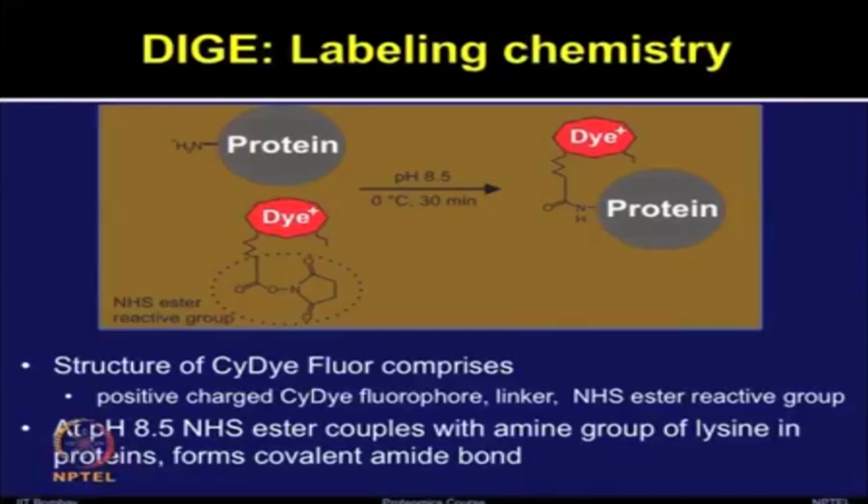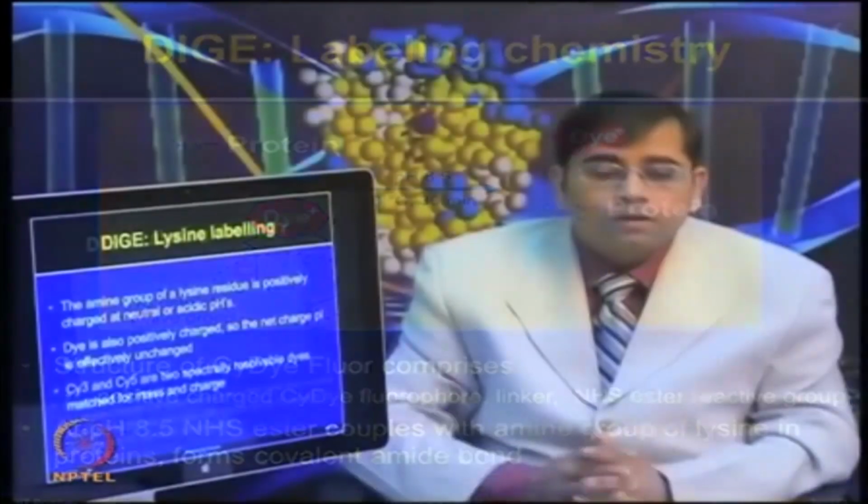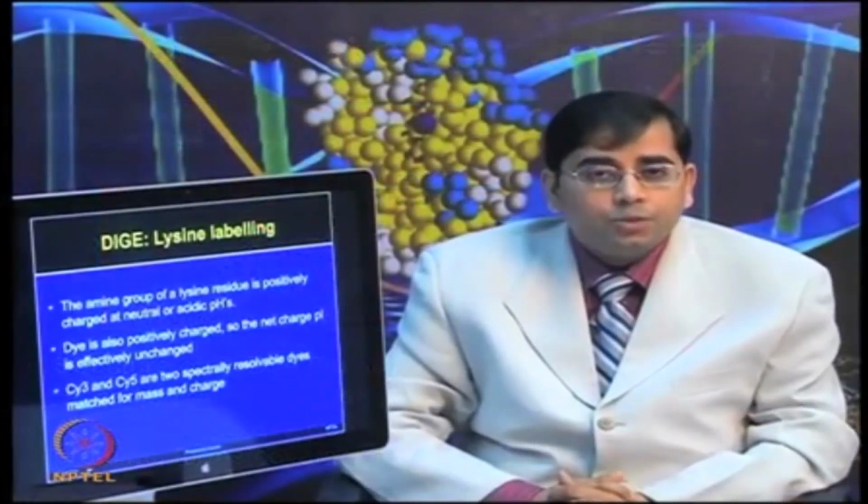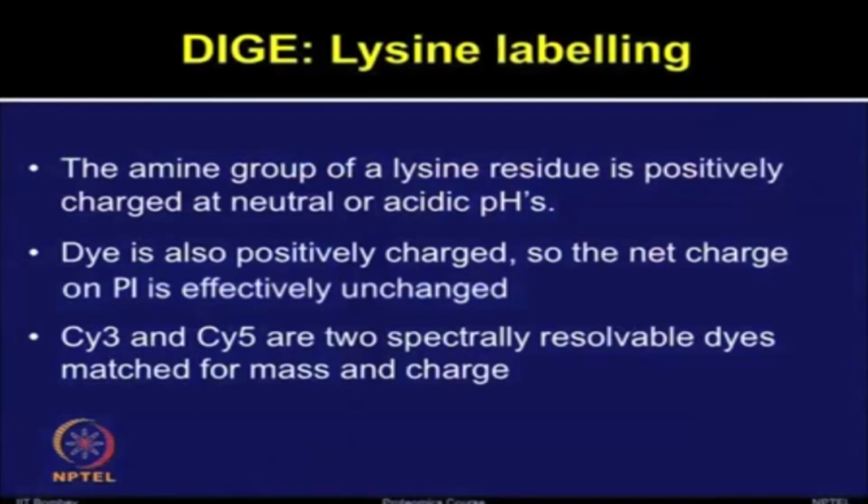So, at pH 8.5, the NHS ester couples with the amino group of lysine in the proteins and forms a covalent bond. The amino group of lysine residues is positively charged at neutral or acidic pH. The dye is also positively charged. So, the net pI will be unchanged.